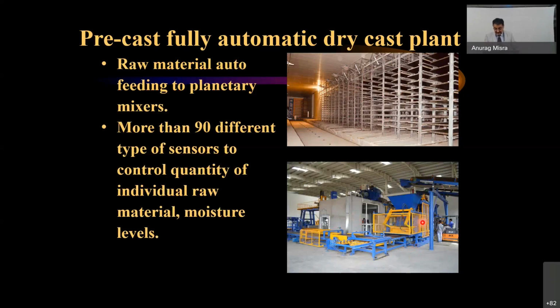This is a picture which is showing the operation. This is the machine, the conveyor is dispensing. It goes on that side and comes from this side. So there are different types of sensors put in when the material is going into the mixer. From there, the whole operation is completed.